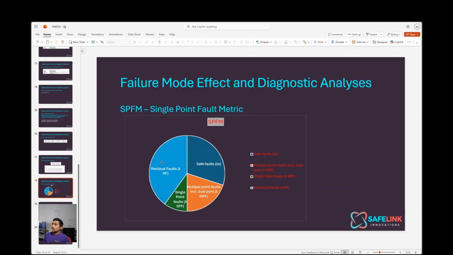Residual faults are single point faults, a part of which is detected by a safety mechanism and a part of which is not detected by a safety mechanism. The part which is detected by a safety mechanism is categorized under safe faults. The part that is not detected by a safety mechanism goes into residual faults.